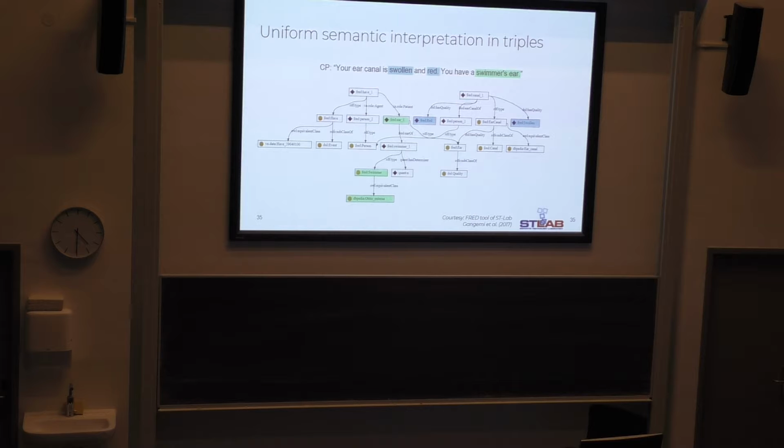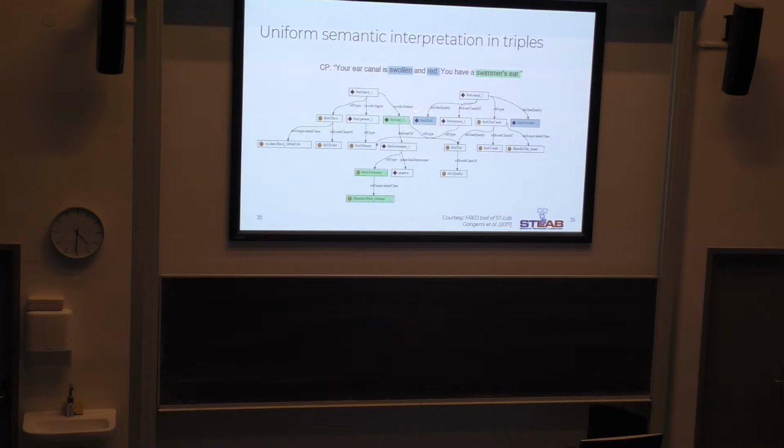And here, for instance, you see the triplification. You see here the sentence of the care provider, "your ear canal is swollen and red," and you see here how that turns up as the canal is red and is swollen, and then we can analyze that.